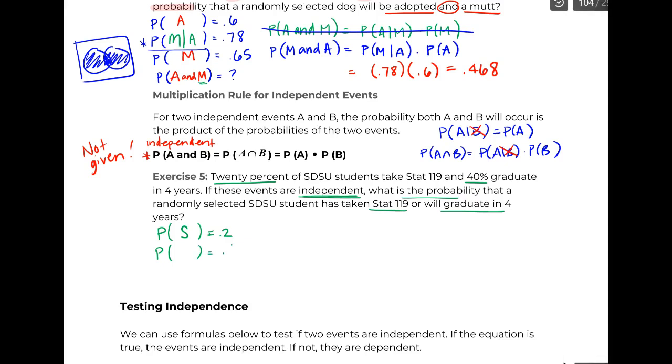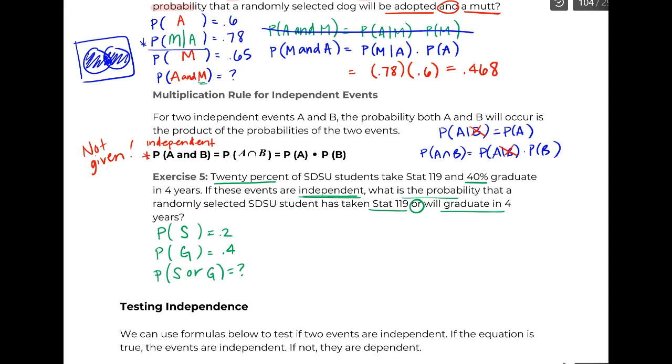And that's about whether or not they will graduate in 4 years. By the way, the graduation rate is not that bad. It's just that the classes are really impacted, so most students take more than 4 years to get through. And then we have the fact that we're looking for Stat 119 or graduate. And you can see I can even underline or circle my keyword.